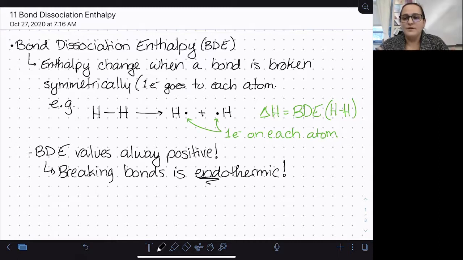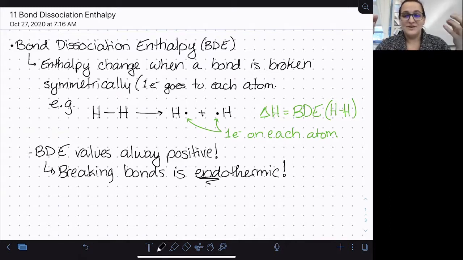Bonds form because atoms are attracted to one another. Atoms are like magnets, they're attracted to one another, and that's why they connect. So if you want to separate two things that are attracted to one another, you've got to pull. You have to put energy in order to pull those two atoms apart. Conversely, when new bonds form, energy is actually released.